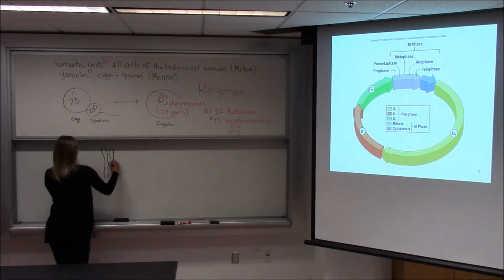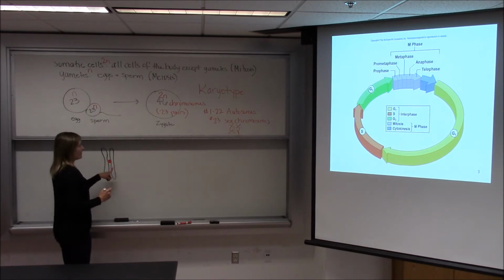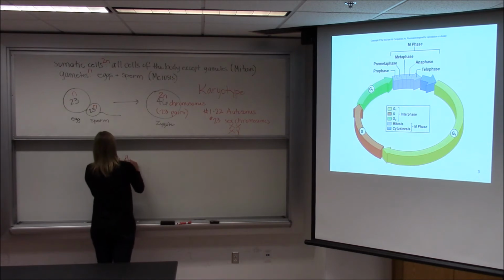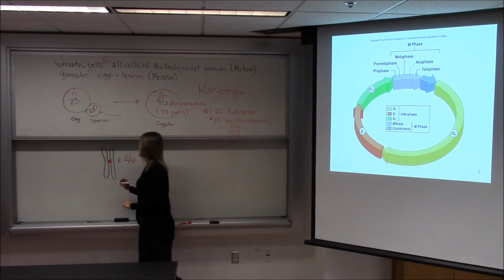We could say it has almost 2 legs. We have 46 of these in humans.